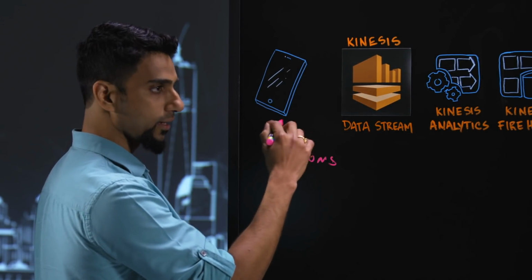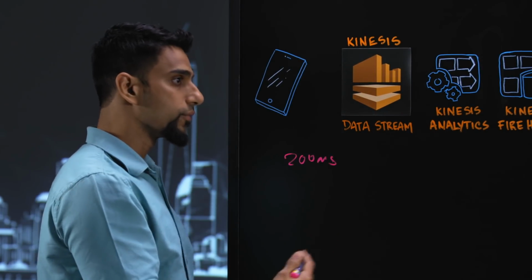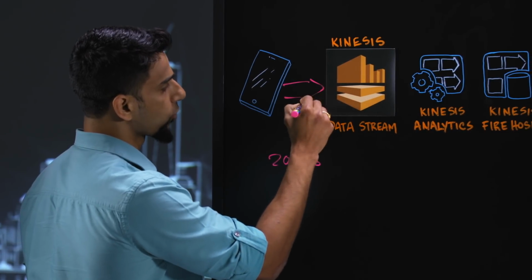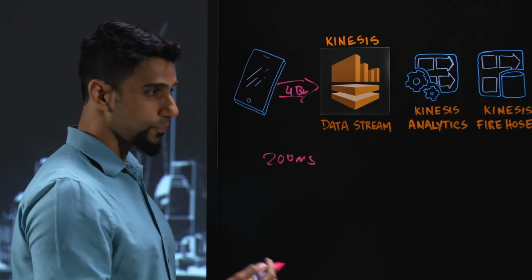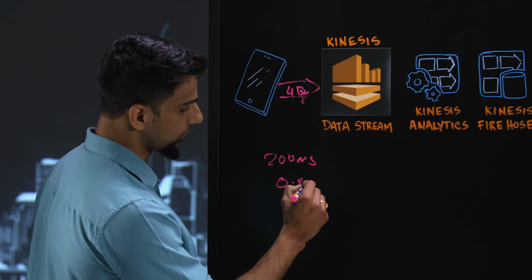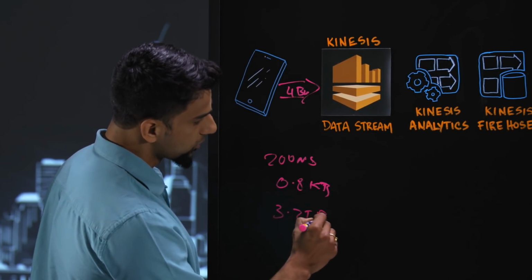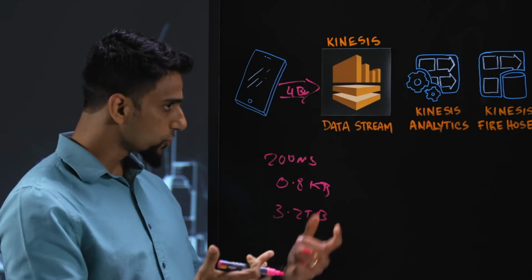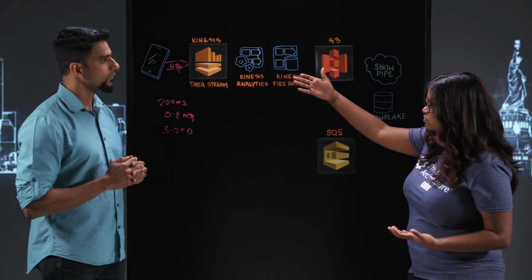With all these aggregated data streams from all these phones, we have approximately 4 billion records in a given day, with each record at 0.8 KB, so we are looking at 3.2 terabytes of data living in these Kinesis data streams in a given day.